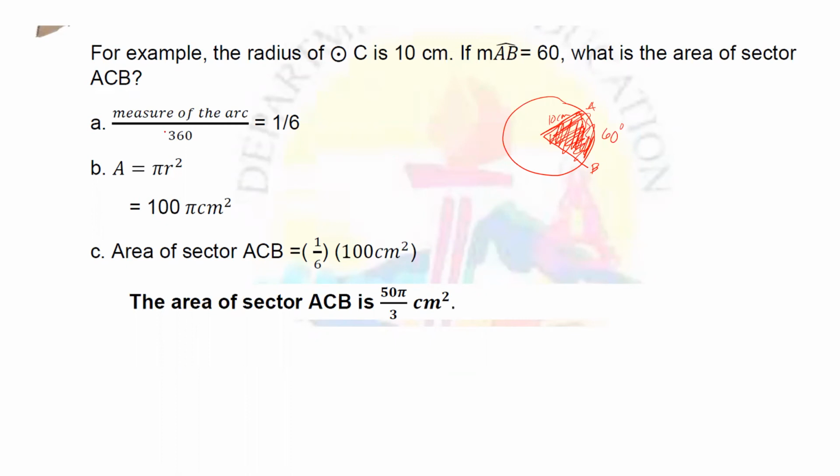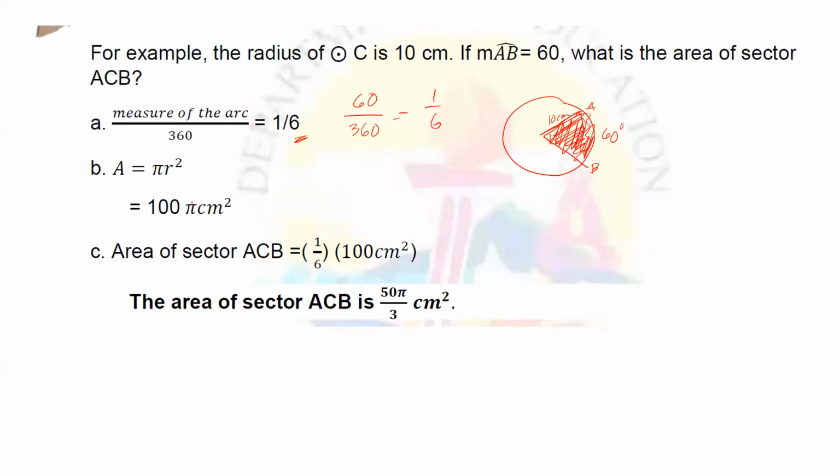So first step, find the ratio of the measure of the arc over 360. So 60 over 360, in lowest terms is 1/6. The area of the circle is pi r squared.